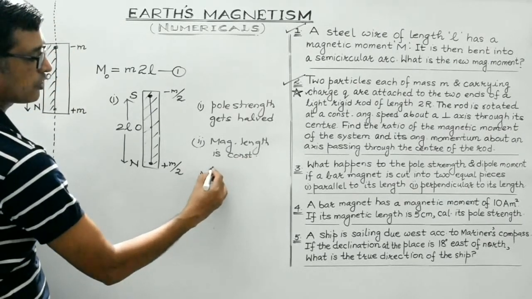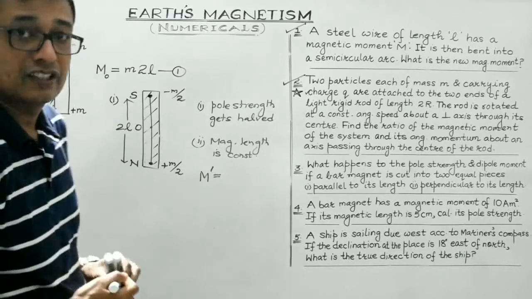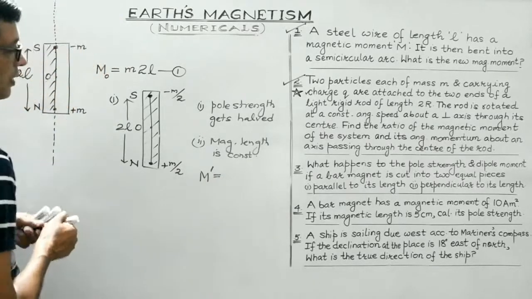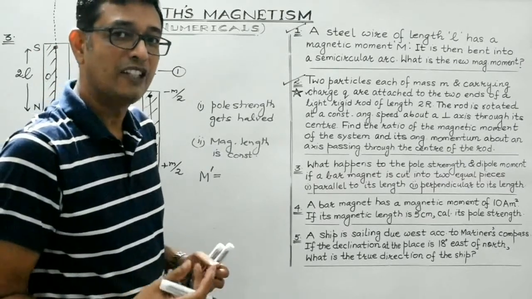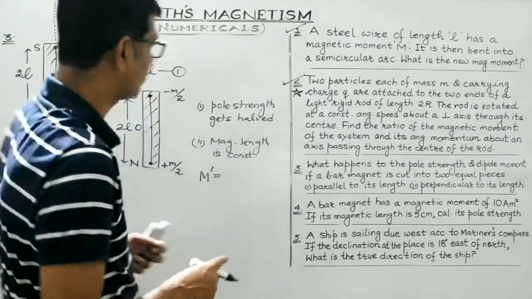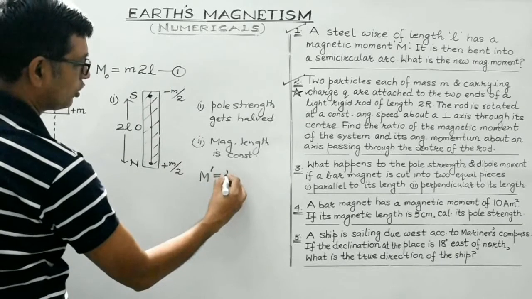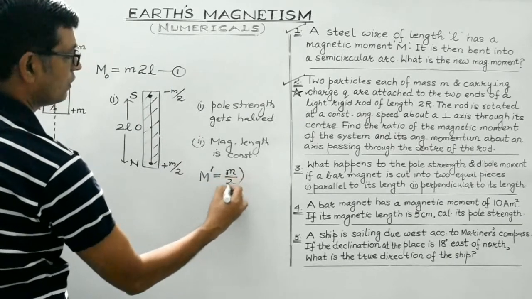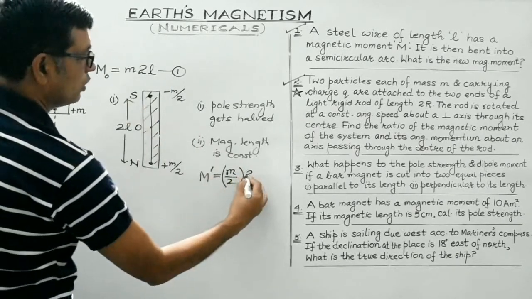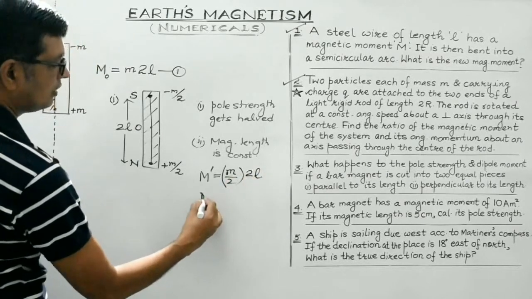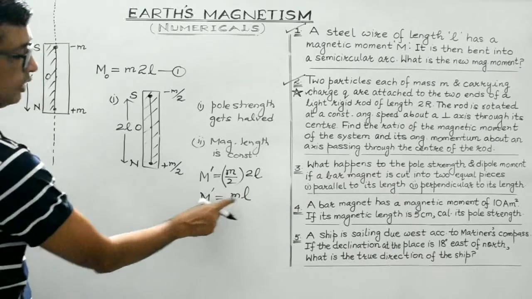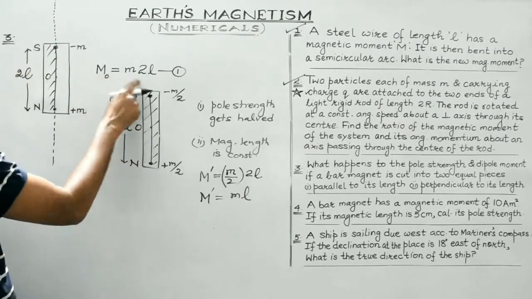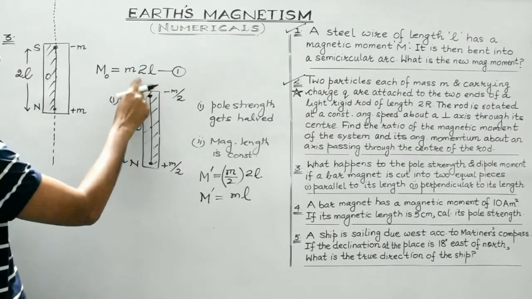So what about the new magnetic moment then? Suppose it is m dash. It is given by the product of the magnitude of either of the pole strengths and the distance between them. So the pole strength is m by 2 and the distance between them is 2l. So the 2 gets cancelled, and it will be equal to ml. Original magnetic moment is m into 2l.